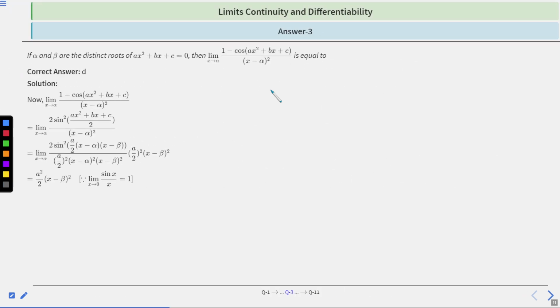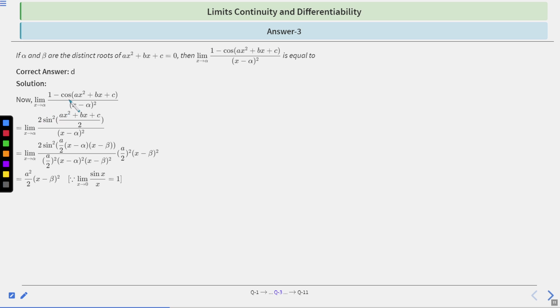So we will apply it here, see, 1 minus cos(ax square plus bx plus c) upon (x minus alpha) square. So it can be written as limit x tending to alpha, 1 minus cos(ax square plus bx plus c) can be written as 2 sin square ((ax square plus bx plus c) upon 2), clear? And in the denominator it is (x minus alpha) square.